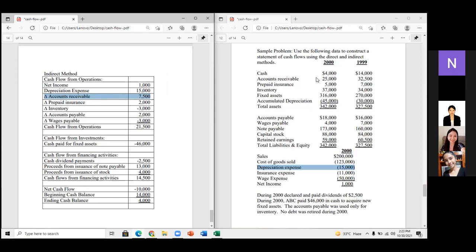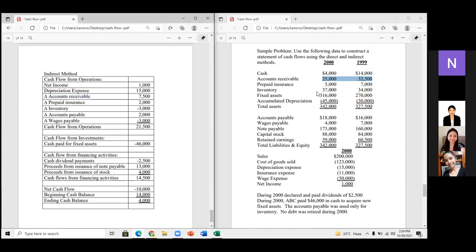Tapos dito naman sa accounts receivable, meron tayong add na 7,500. Bakit nga ba add? Kasi dito, kung mapapansin mo, nagkaroon siya ng decrease. 'Di ba ang sinabi kanina, kapag yung current assets nagka-increase, i-deduct natin siya.